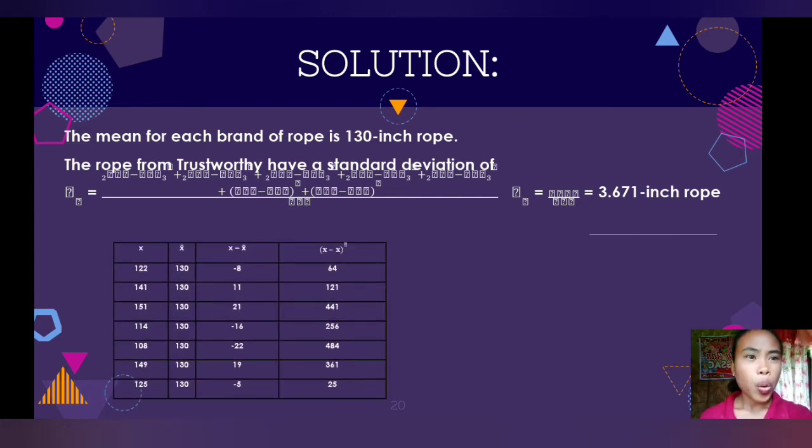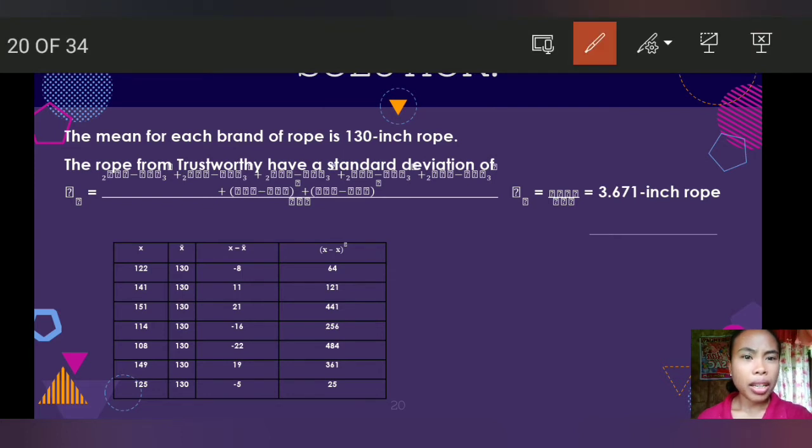So we have the given value, the mean, the variance, and the sum of the squared deviation. Since it was discussed in the previous slide, it is easy for us to understand how to come up with 3.671 inch roof, the standard deviation.